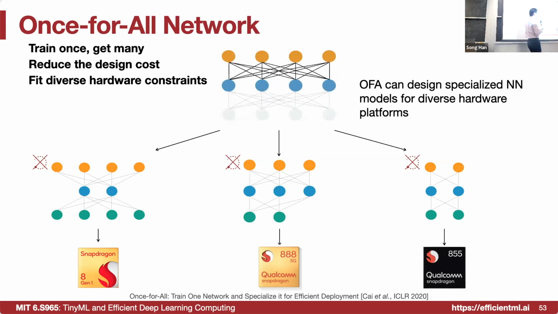And with an older generation chip like the Snapdragon 855 SoC, we can select a smaller subnetwork. All these subnetworks are directly sampled from this once-for-all model. They share the weights. For example, the weights are directly obtained from this super network. We train once, and then we can get many models to fit diverse hardware platforms.